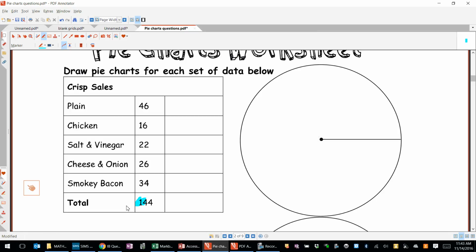So we've got to split our pie chart into 144 people. Basically the idea is that we can split our circle into 144 different sections. Each section represents one person. And then we work out how many sections each flavour gets. Do you get the principle of the idea?